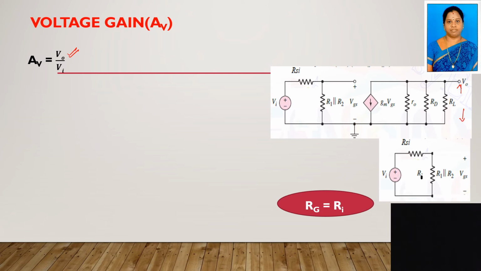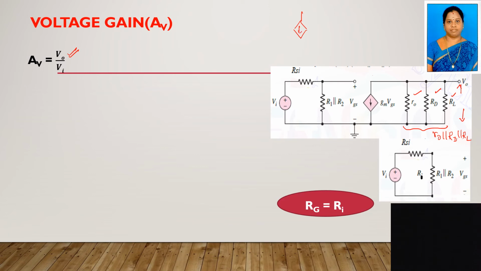So you can combine these three resistances into a single resistance, that is R0 parallel to RD parallel to RL, right? I will draw it here so that you can understand clearly.